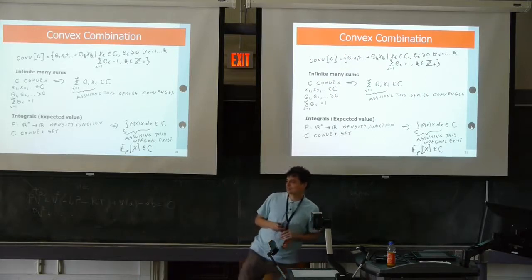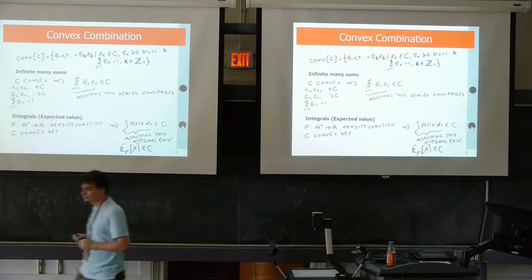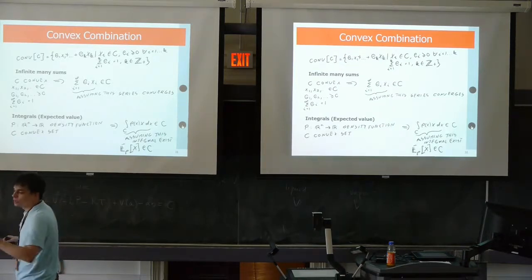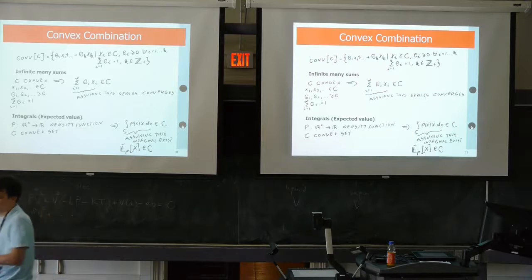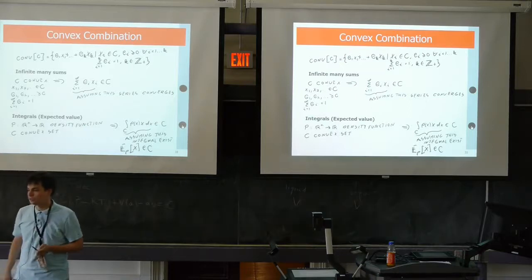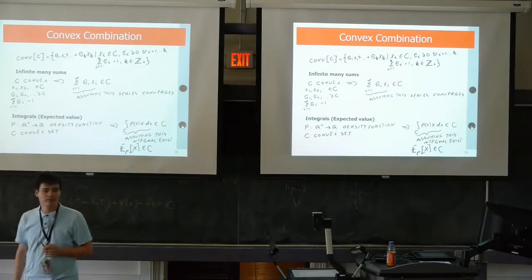I have a question. Should this function be defined only on C? Like, you're defining it on the entire real space, R^n. Good point. Yeah, it should be defined on the set C. Otherwise the mean could be out, not normalized. So the support of p should be in C. Good point.